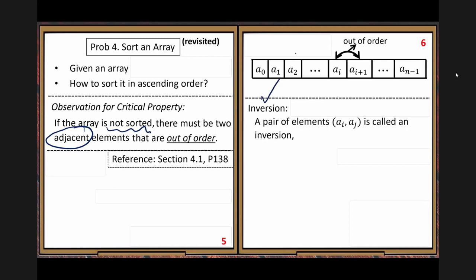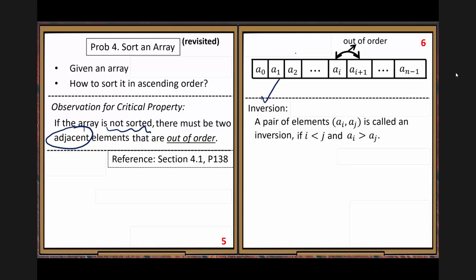The definition: a pair of elements A sub i and A sub j is called an inversion if they satisfy this condition. The index i is less than j, but the value A_i is greater than A_j.